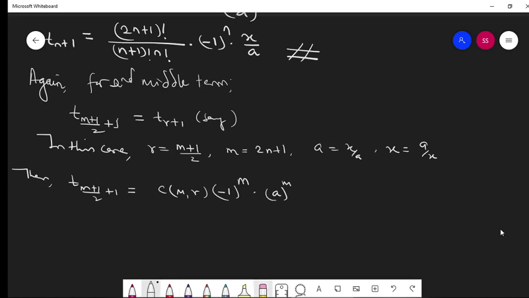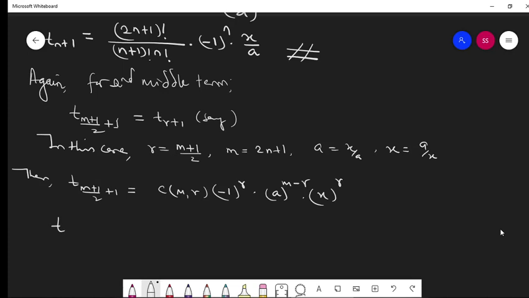No, this is not m, this is r, sorry. This is r: a to the power m minus r, and x to the power r. So dear students, you can put the value of m here.